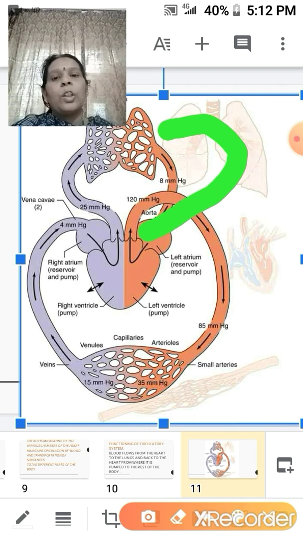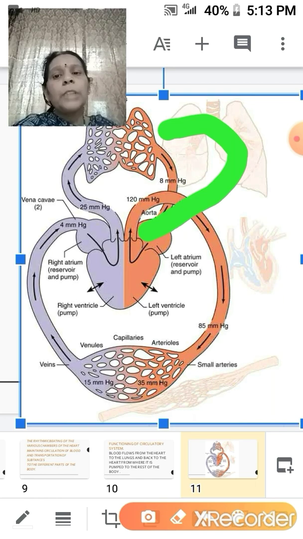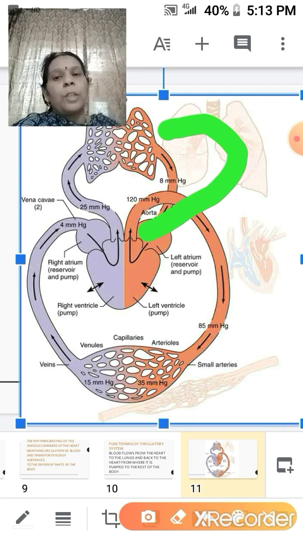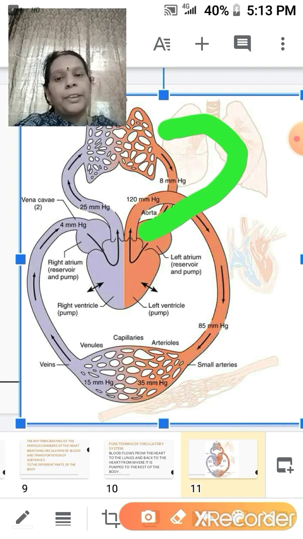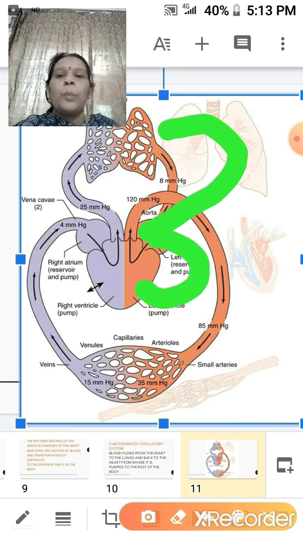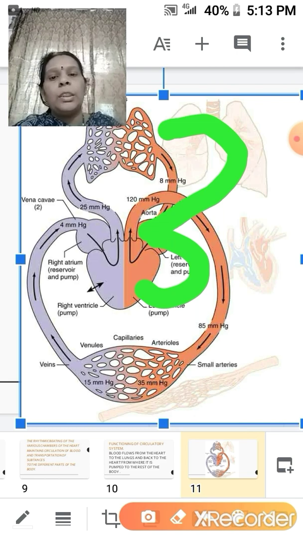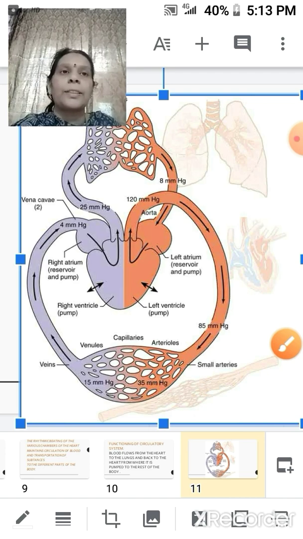This is your oxygenated blood which comes through the pulmonary veins. As I said, pulmonary veins carry the oxygenated blood, and pulmonary arteries carry the deoxygenated blood. So this blood from the left atrium comes to the left ventricle. This is how the flow of blood takes place from the lungs.